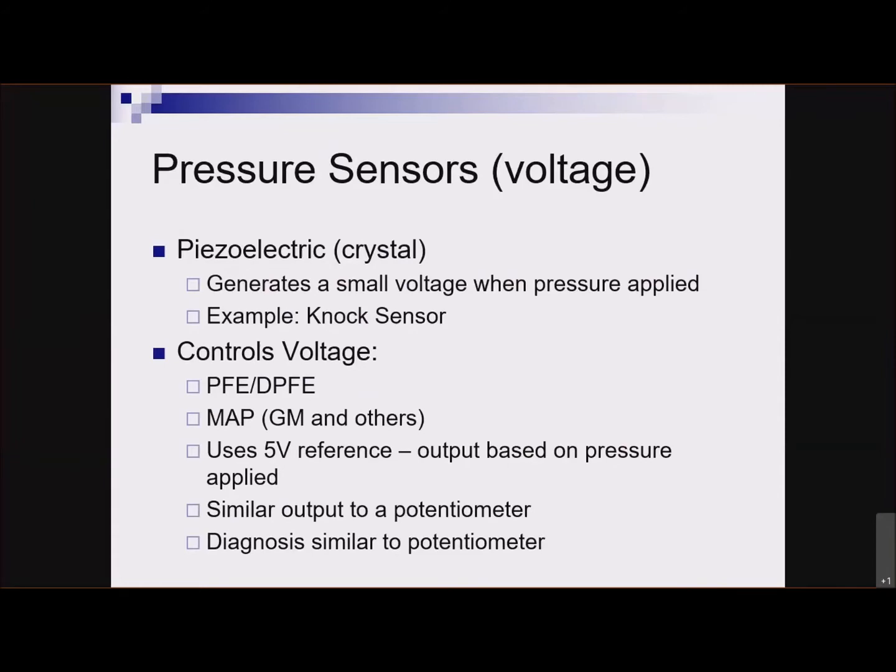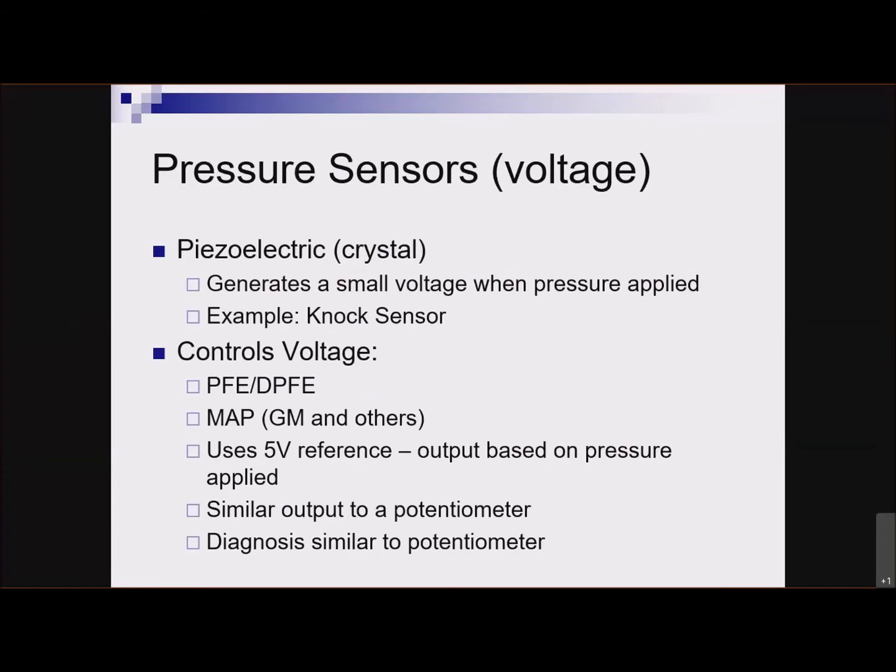So you may find these all over the car. They use a 5-volt reference, really similar to a potentiometer. So if you look at the wiring to one of these pressure sensors, we'll just work with a fuel tank pressure sensor. Most cars now use them for the evap monitor, not all, but most.